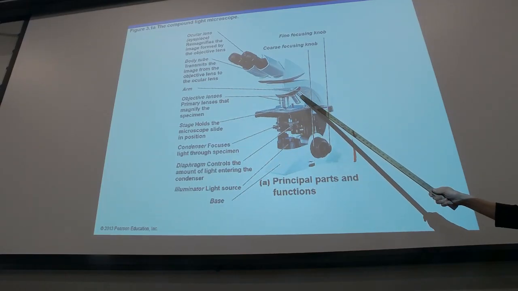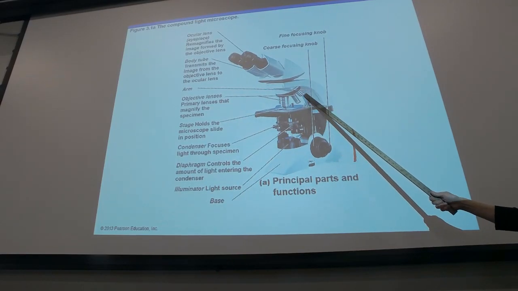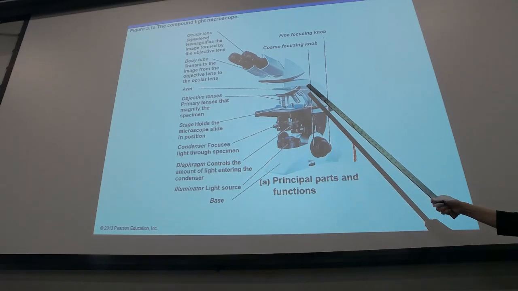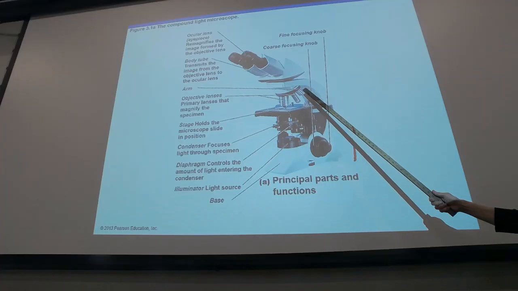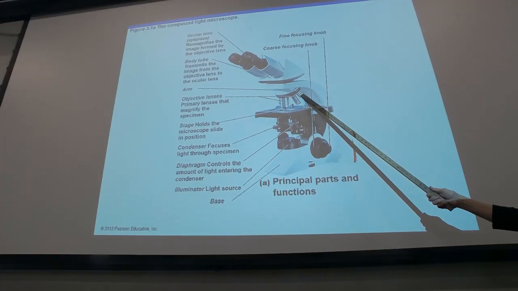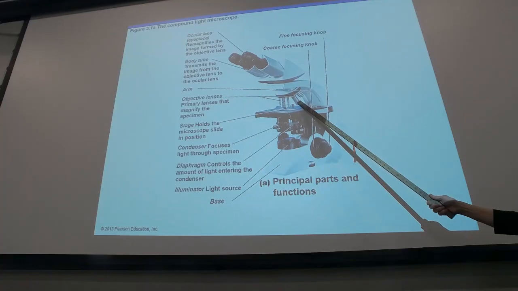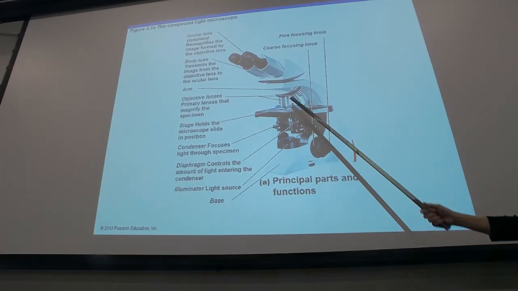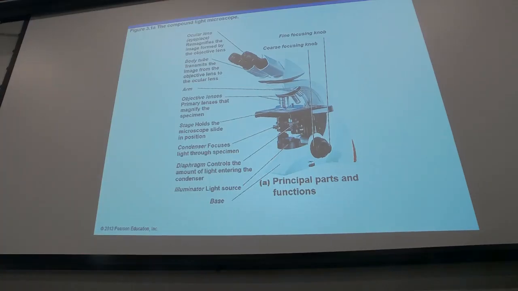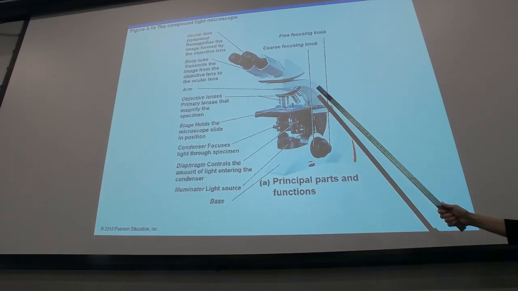So they have a colored line around them that tells you the magnification, if you know that code. So 5 is the one with the red line around, 10 with the yellow line, 40 with the blue line, and 100 with the white line. And they're housed in this nose piece.